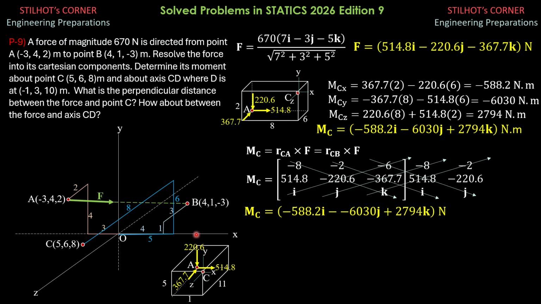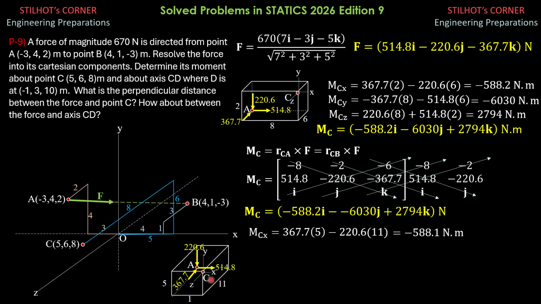Then the moment of 220.6 is negative. So if you position here in the positive x direction, 367 is counterclockwise, while 220.6 is clockwise. So that's why we have MCx is 367.7 times 5, then minus 220.6 times 11. And we'll get an answer of negative 588.1 Newton meter, which is practically the same as that.